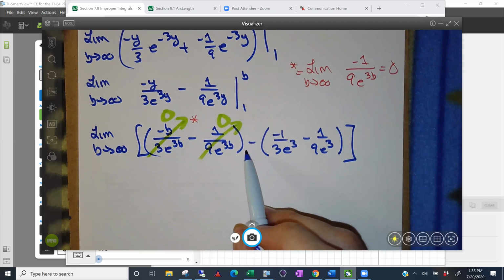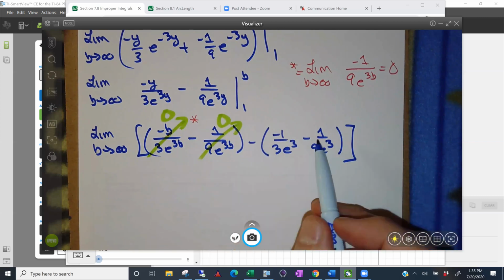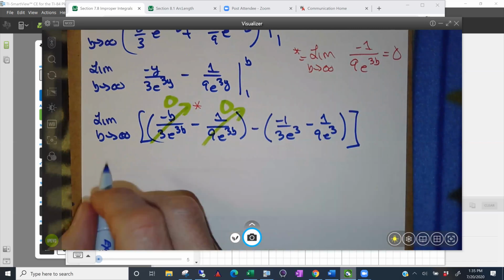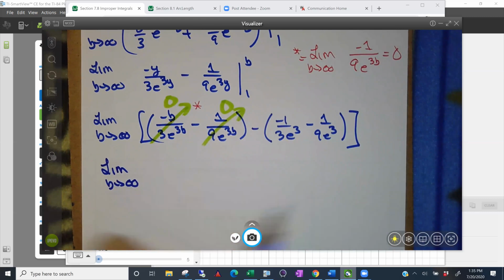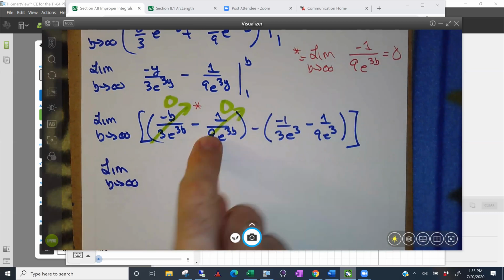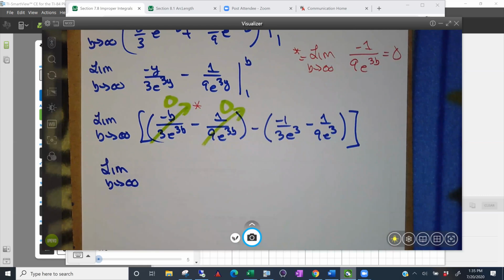When I distribute this negative, both of these terms here are going to become positive. So it's going to become the limit as b approaches infinity. Actually, no, I don't need that anymore, do I? Because I've already gotten rid of the limit. So let's get rid of that.